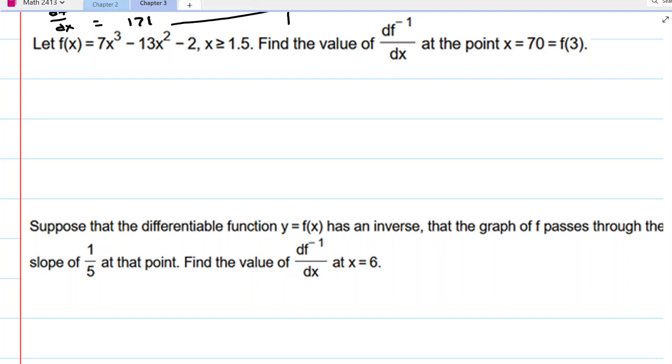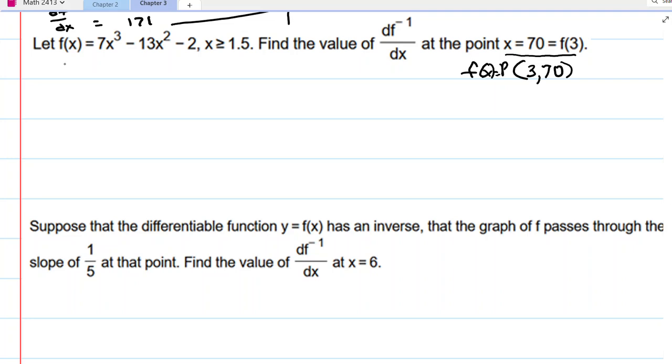Find the value of the derivative of the inverse function at the point x equals 70, where f of 3 is 70. So we know our ordered pair is (3, 70) for f of x, and they want us to find the derivative.